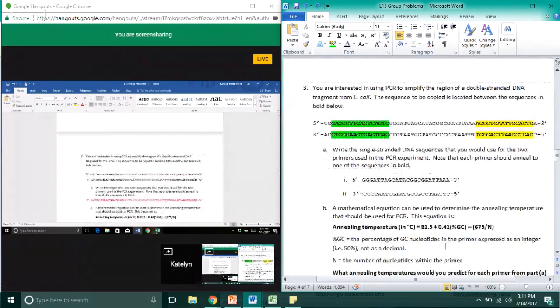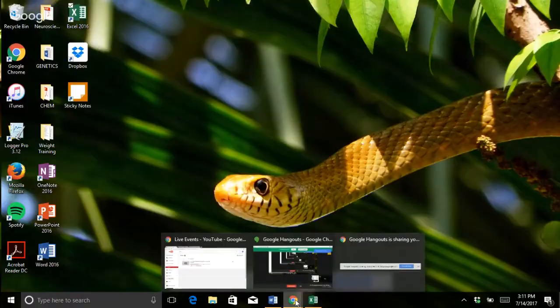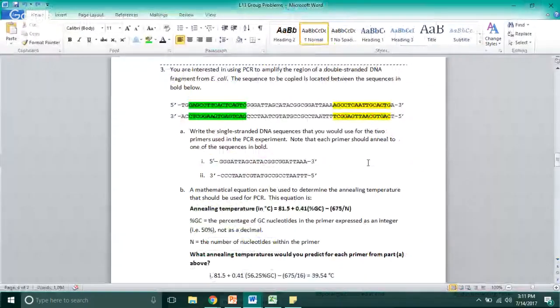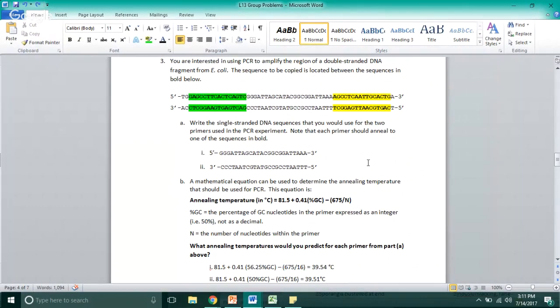Awesome. Okay, so for 3, it says you were interested in using a PCR to amplify regions of a double-stranded DNA fragment that is to be copied, located between the sequences in bold below. So this is the sequence to be copied.